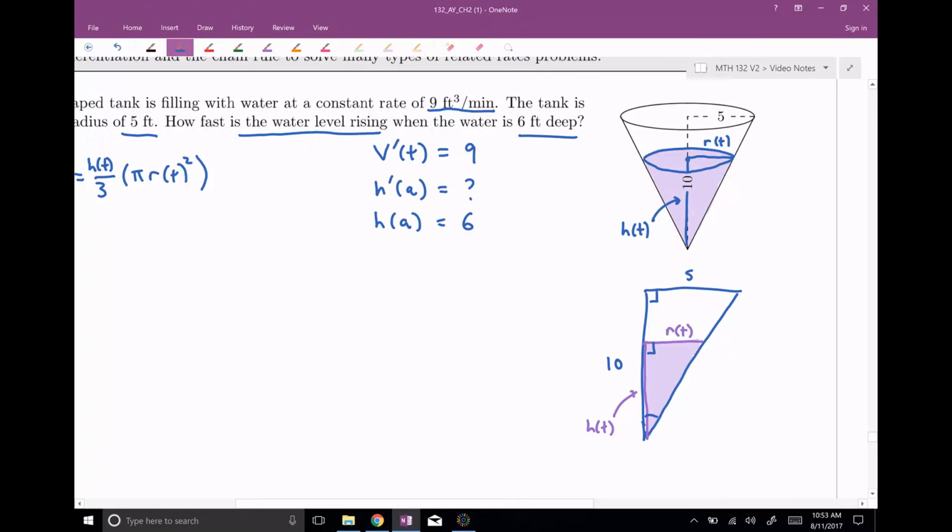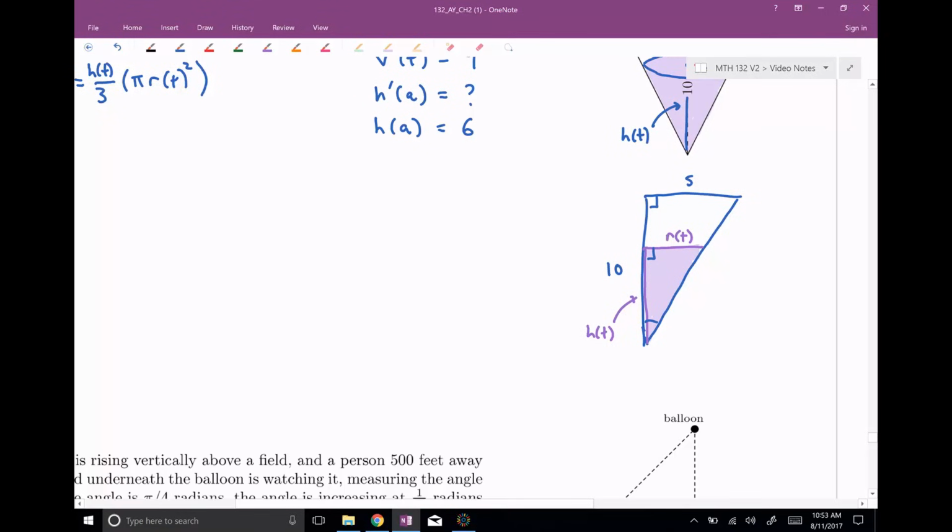And so the similar triangles equation that we need to use here to get rid of these h's says that 10 is to 5 as h is to r. So something like this. Again, for similar triangles, we're using the fact that ratios of side lengths of the triangles should be equal to one another.